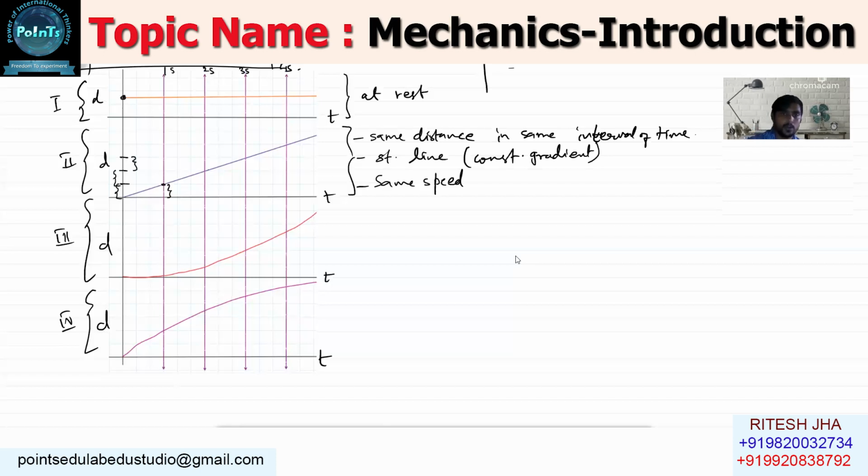When you observe this graph, in the first second it covered very little distance. In the next second it covered slightly greater distance, and in the next second further greater distance. So basically there is increasing distance in successive intervals of time.